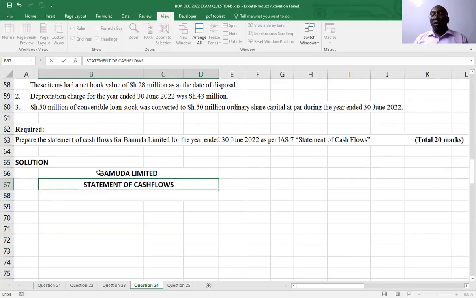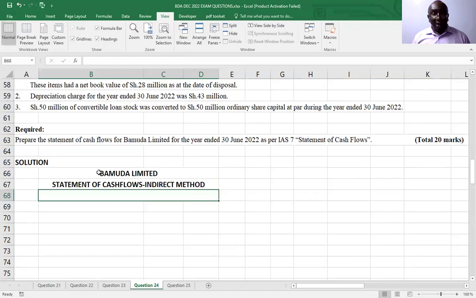There is what we call the direct method and what we call the indirect method. So if the question is silent, we normally go for the indirect method. It has many marks and is a little bit easier in the exam.